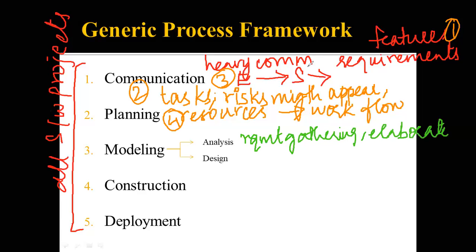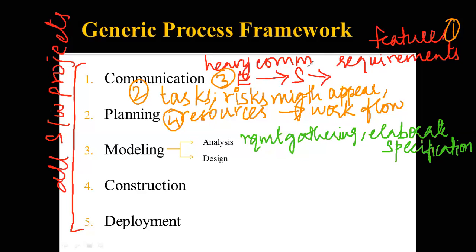Elaborate means you might want to know what this exactly means, so that you develop exactly what the end user wants, that you do not make any mistakes. Or you can also say what are the different specifications the end user wants within the software.